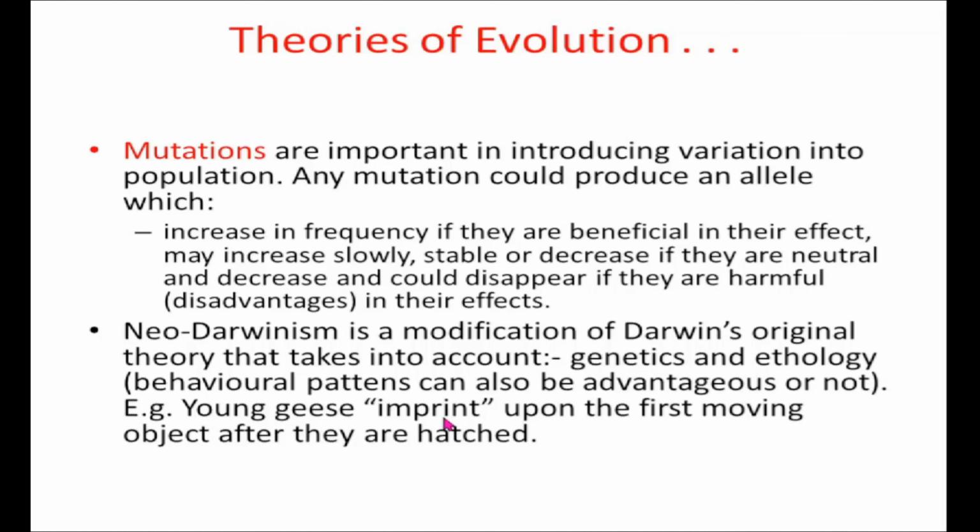That comes from adaptation. They may even follow a non-mother or even a non-living object. That is the ethology, or behavioral part. So today's theory of evolution is a combination of genetics, the science of heredity, and ethology.